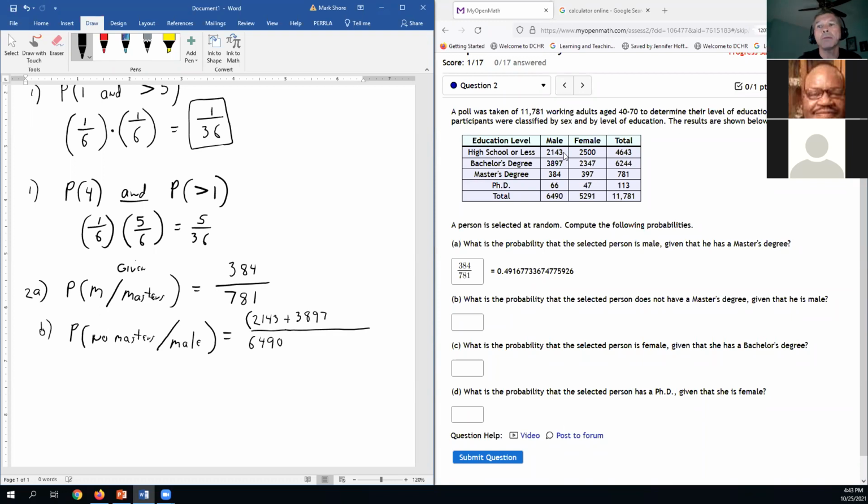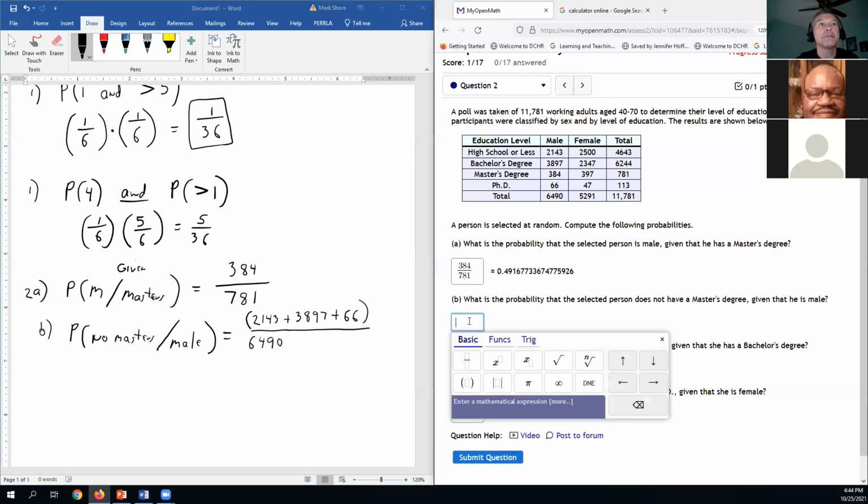And on this problem, I don't know if they're saying as their highest degree, but that's what they're talking about here, the highest degree. So people with a PhD, their highest degree is not their master's degree. So we add those on. The only ones we don't add on are those that have the master's degree. Why? Because we want those that don't have a master's. So at that point, that's your answer right there.